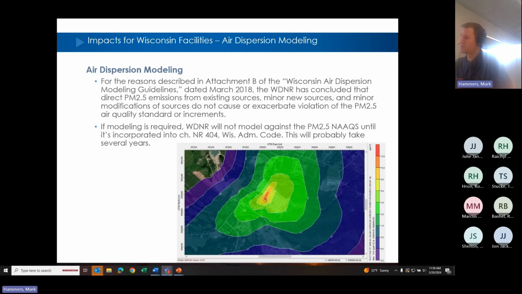So you have a couple years before you're going to have to model against PM2.5 if you are required to. The DNR, last I spoke with them, will not retroactively model major sources against this standard.